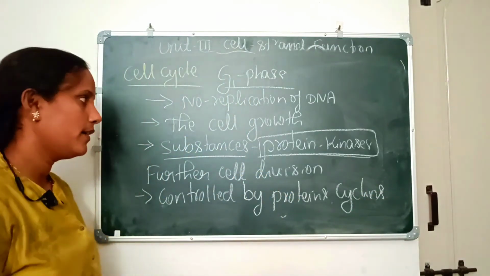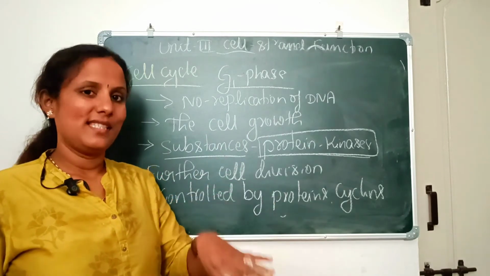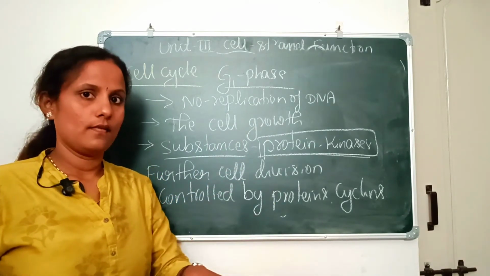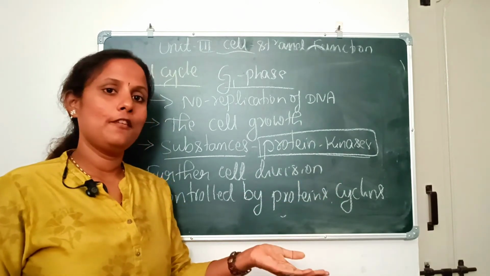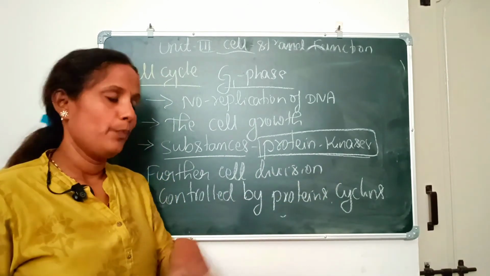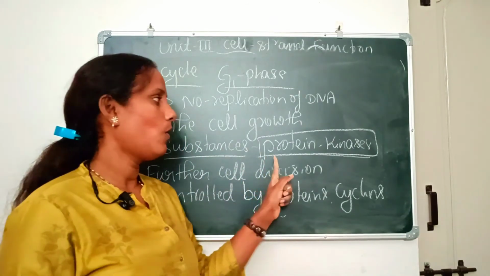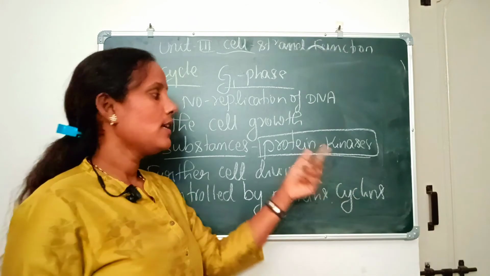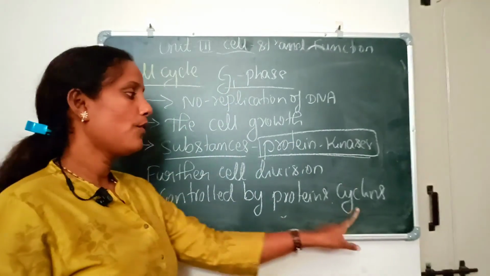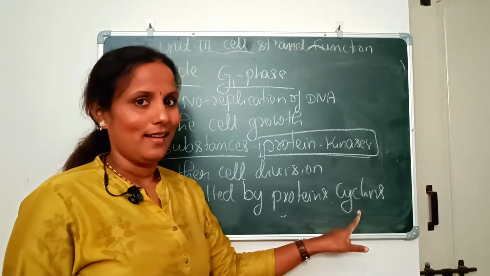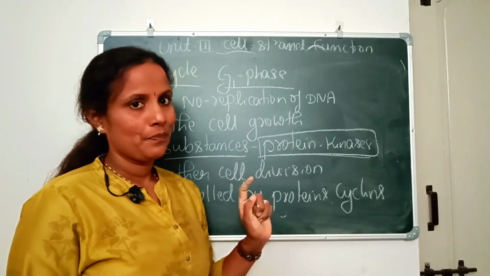So you should remember here, whether the cell has to enter into S phase or not, or it should be remaining in G1 phase itself, or it should continue. That phenomenon is controlled by the substances called the protein kinases, and the protein kinases are under the control of the proteins called the cyclins. It is a master, it is controlling these.